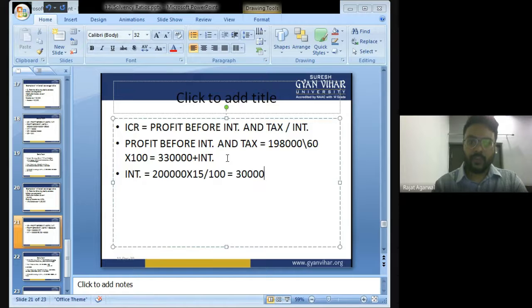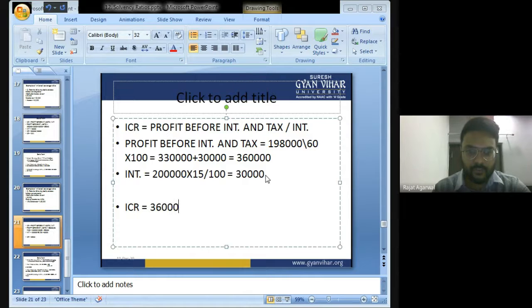So now we know the interest also. So we will add back the interest of 30,000. So the profit before interest and tax is 3,60,000. Now interest coverage ratio is profit before interest and tax, that is 3,60,000, divided by interest, that is 30,000.